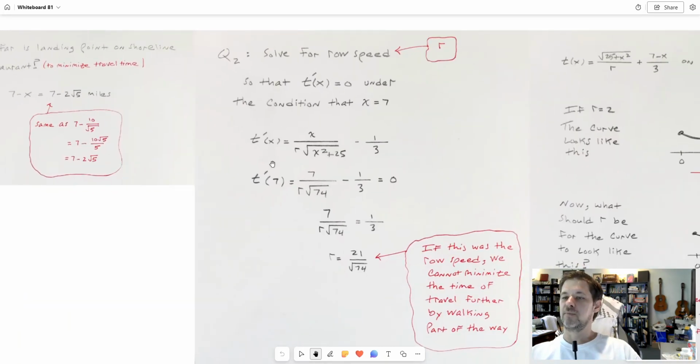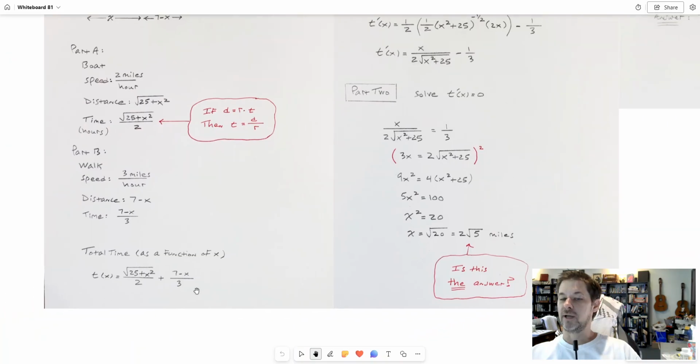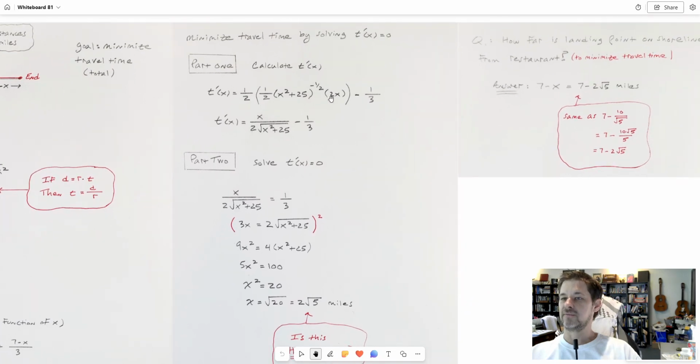So here's t prime x. Now notice where I put the r. If I had my total time function and that speed that we row was r right there, this would be an r. And when we went through this process of finding the derivative, that would be r. This 2 and that 2 would cancel. So it would be x over r root x squared plus 25 minus a third.